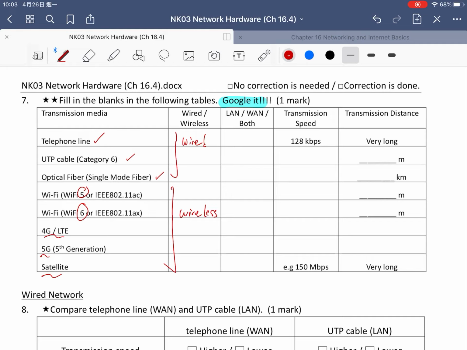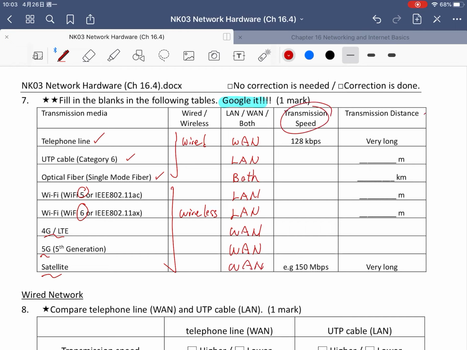For the telephone line, it is used in the long distance, so it is WAN, UTP cable, LAN, optical fiber, LAN and WAN, both. Wi-Fi, LAN, short distance, and 4G, long distance, it is WAN.